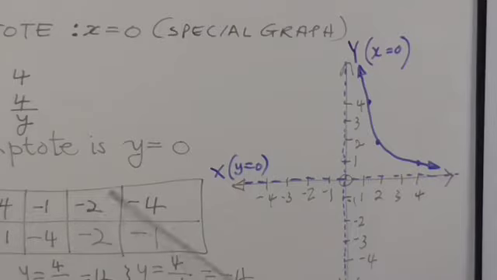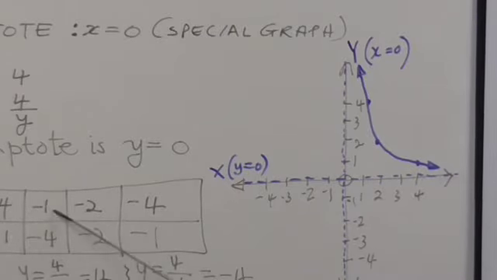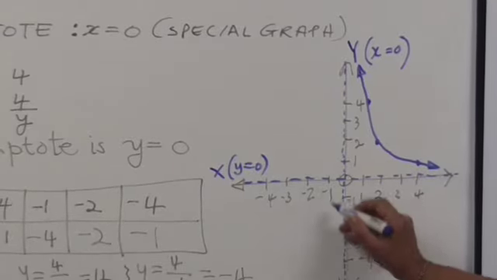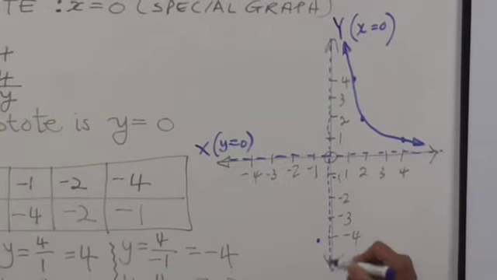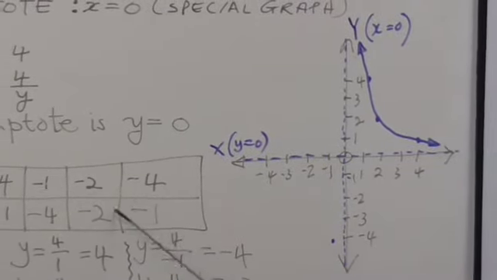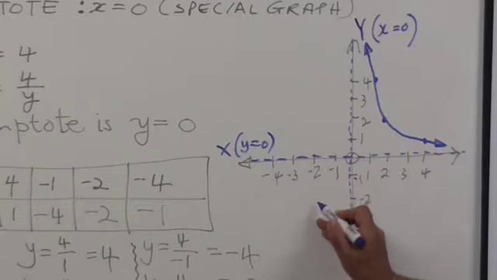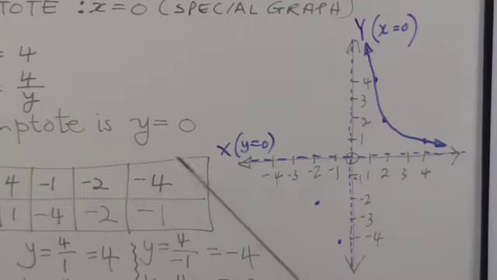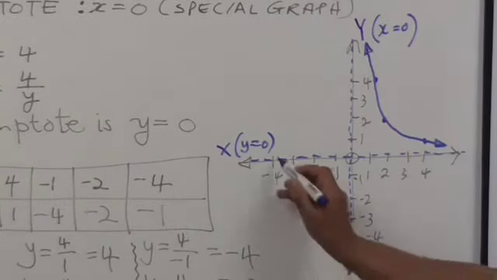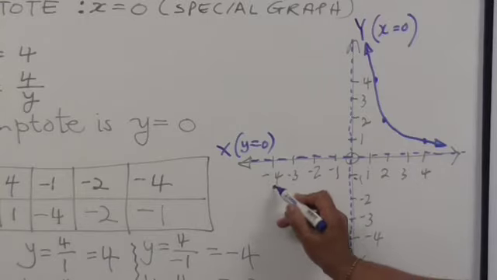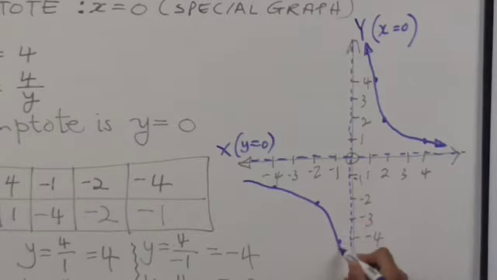Now let's do the next 3 ordered pairs. Negative 1, negative 4 is here. Negative 2, negative 2 is here. Negative 4, negative 1 is here. And then when we join these, we get that.